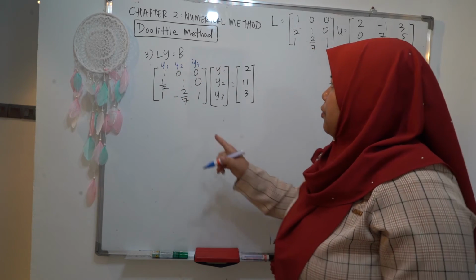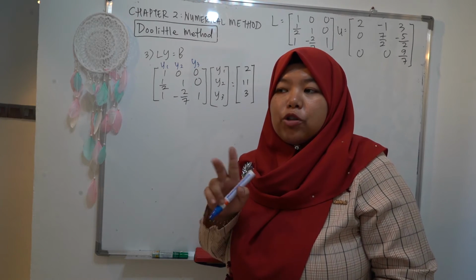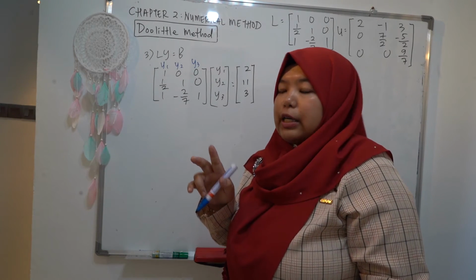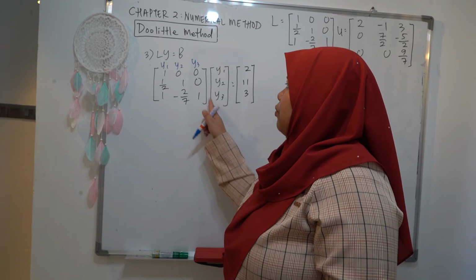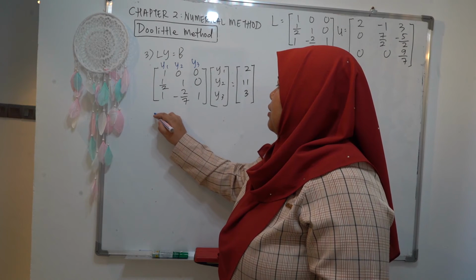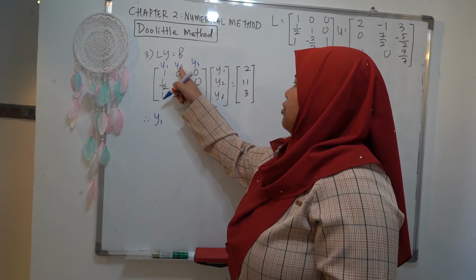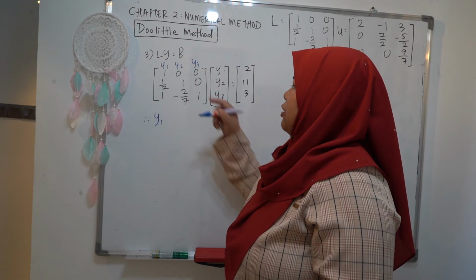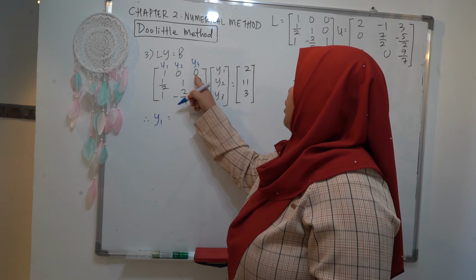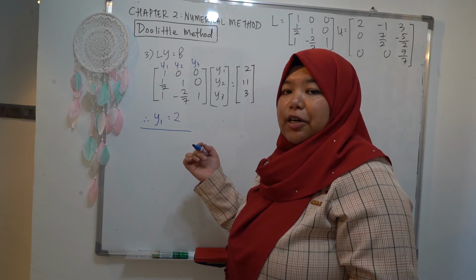So I continue. I will start with row number 1. 1 times y1 is y1, plus 0 times y2, 0, plus 0 times y3, 0. So y1 equal to 2. Easy, right?